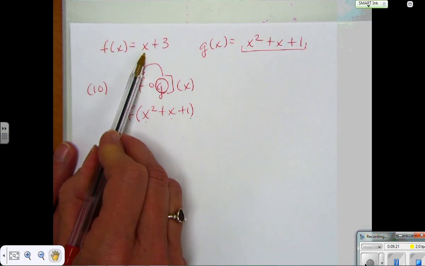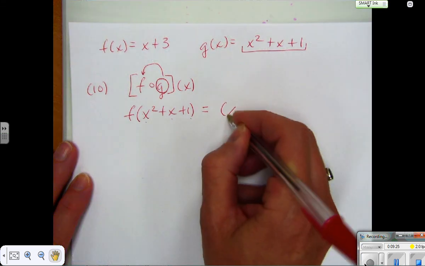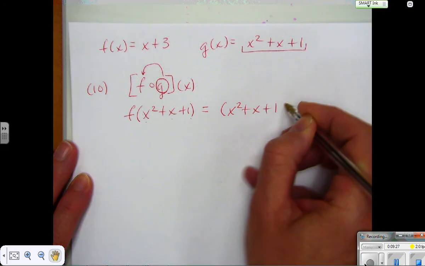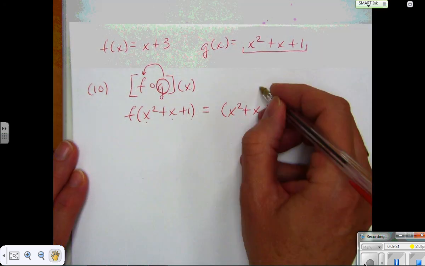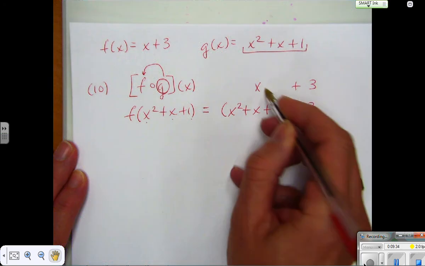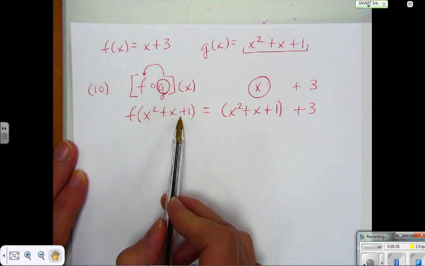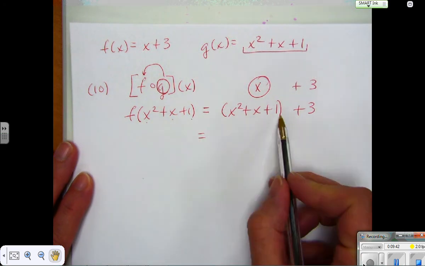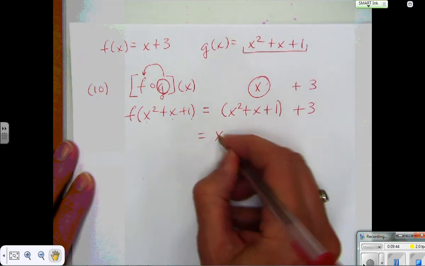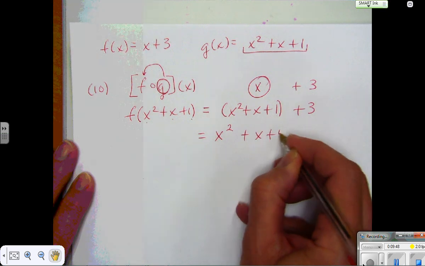So instead of x, I'm going to put x squared plus x plus 1, and then plus 3. So if I wrote the function above it, x plus 3, this x has been replaced with that x squared plus x plus 1. And then I just want to simplify it. So all I can do really is add the 1 and the 3 together. So your final answer is going to be x squared plus x plus 4. And that's it. That's all you can do.